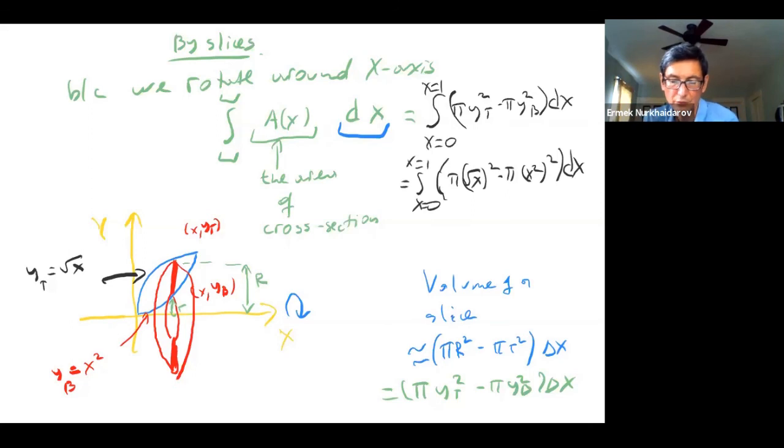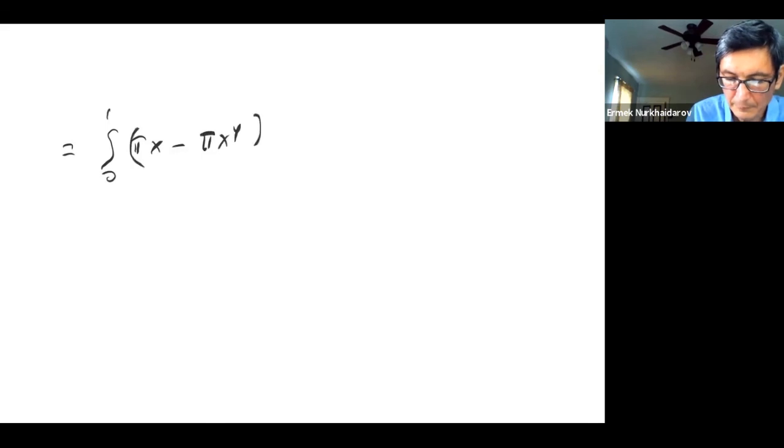Okay. So I'll try to finish up on the next page. Integral 0 to 1. Square root of x squared is x. X squared squared is going to be x to the fourth. So we're going to get pi x squared over 2 minus pi x to the 5 over 5.